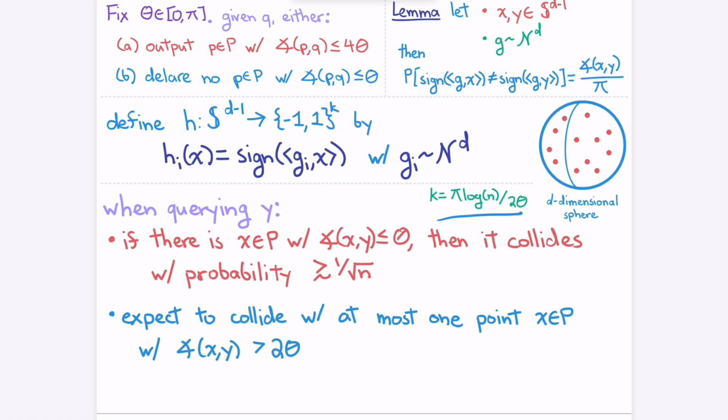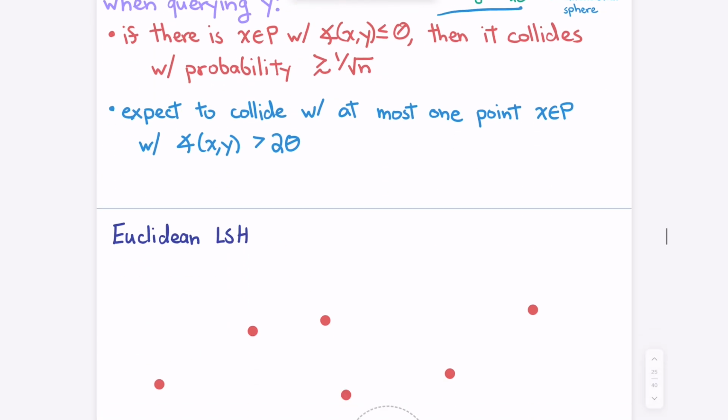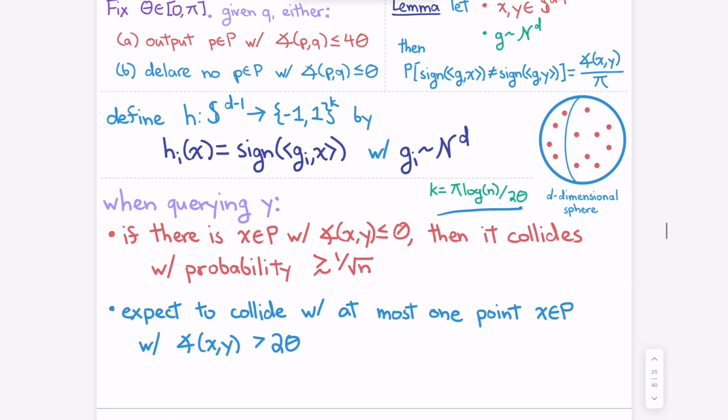Yeah, we'll just make this data structure square root n times, or maybe square root n times log n, just for fun. Okay. So if you repeat this whole data structure square root n log n times, now when you query, how long does it take?